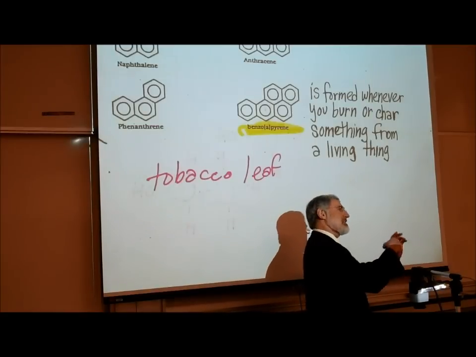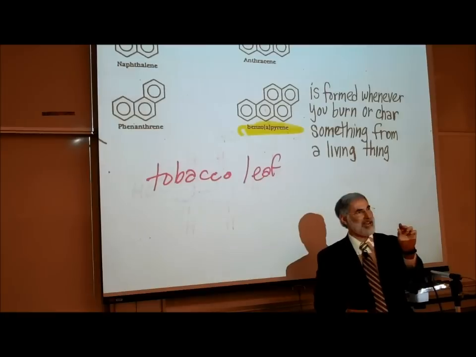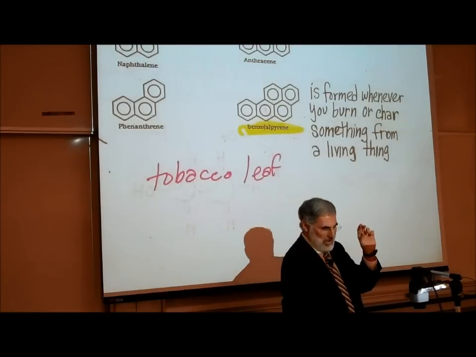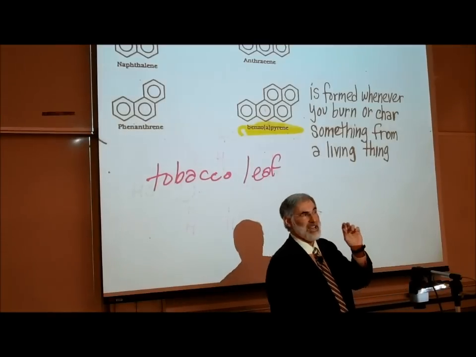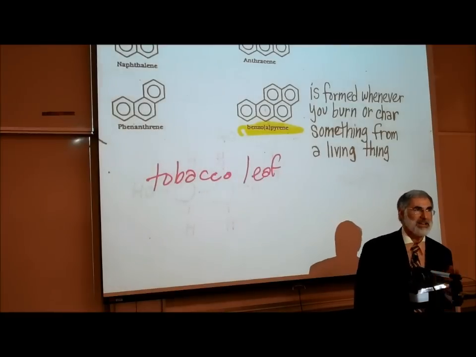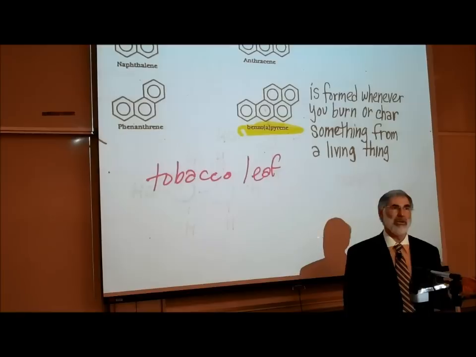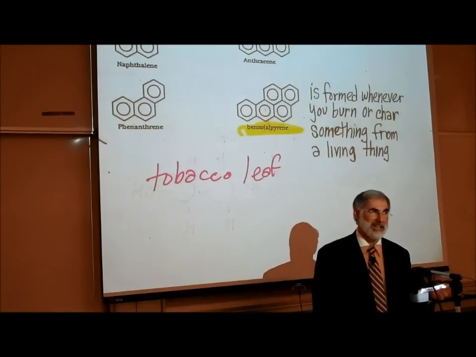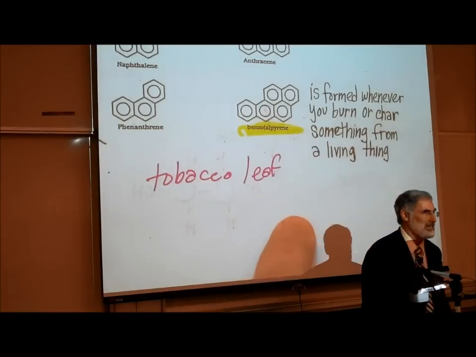So if you've got tobacco leaves and you catch them on fire by lighting the cigarette, it forms benzopyrene, a carcinogen. So that's why smoking tobacco causes cancer. Does everybody follow that? Then there's always somebody who asks me, what about marijuana? Well, is that from a leaf? Yes. So if you burn it, it also forms benzopyrene, a carcinogen.